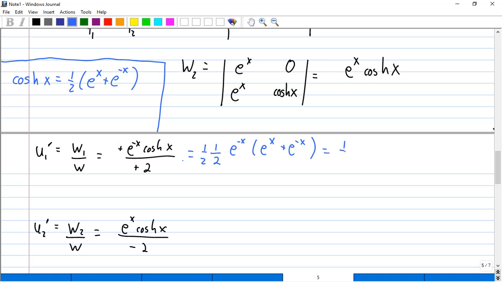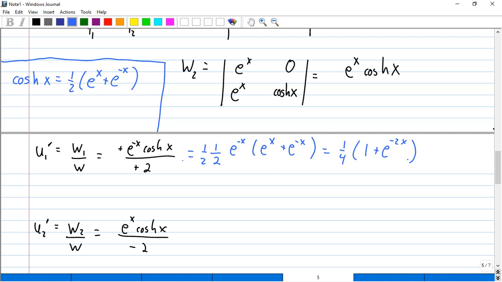All right, so that's going to be 1/4. And now simply take this e to the negative x and multiply it into those two terms. So what would that give you? If you multiply it times e to the x, add the powers, that's going to be e to the 0. So that's just 1. And then you multiply it times the last term, add the powers, that's going to be plus e to the negative 2x.